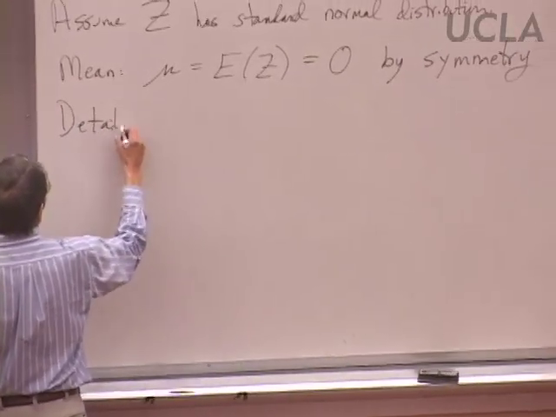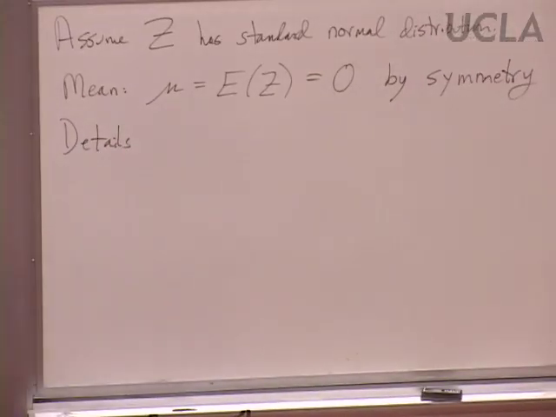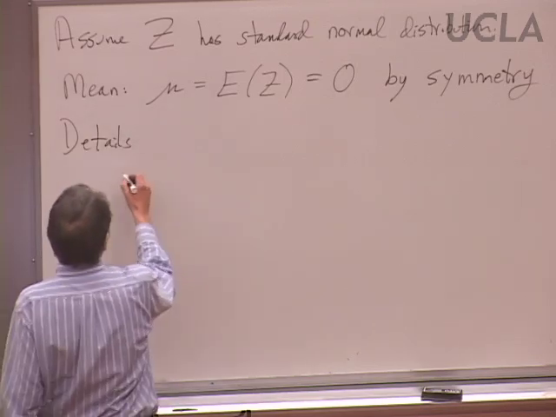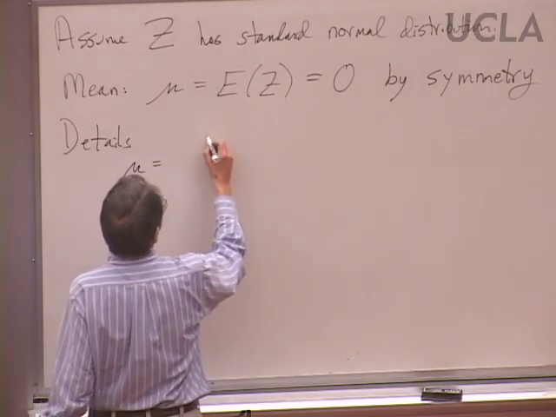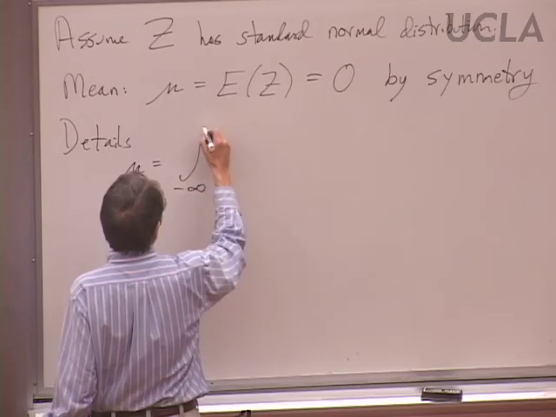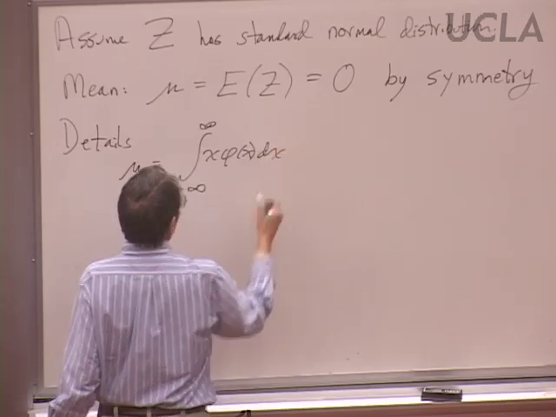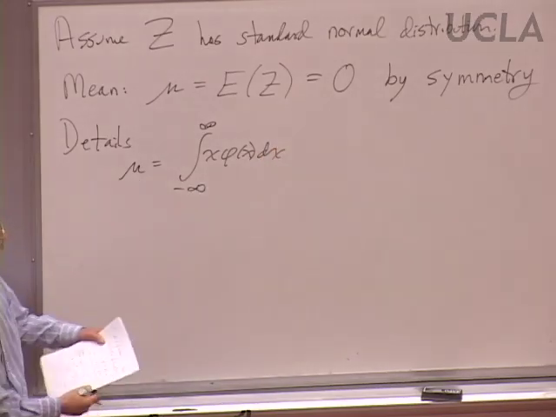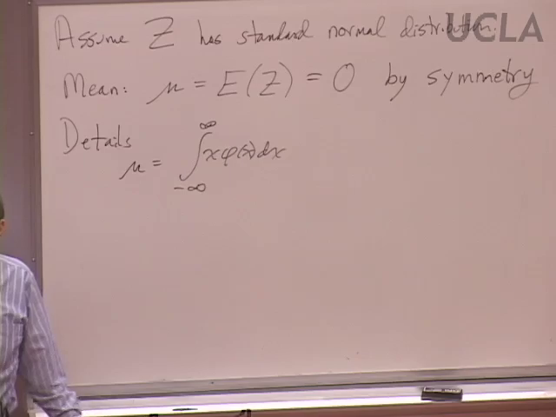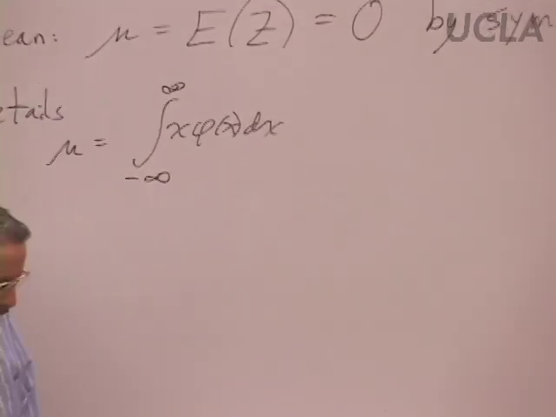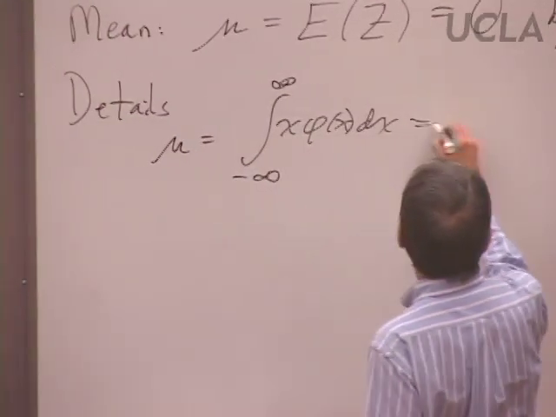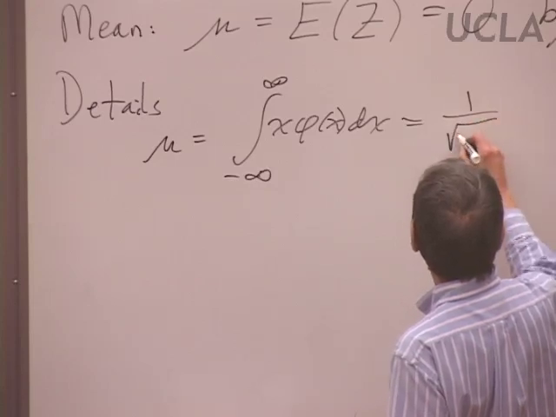We know how to calculate the mean of a continuous random variable. We integrate x times the density function. Suppose we do that. Plug in the density function.